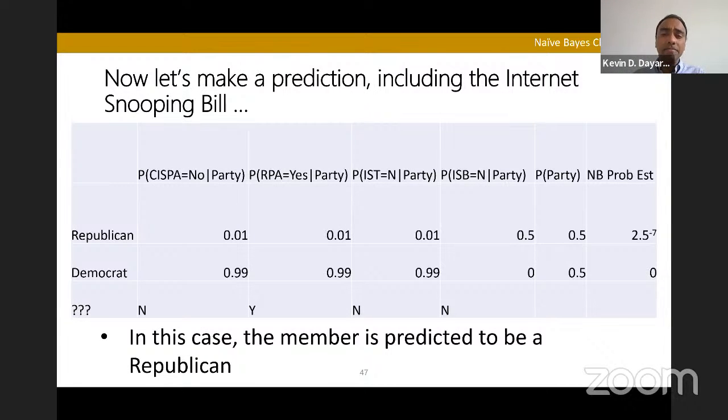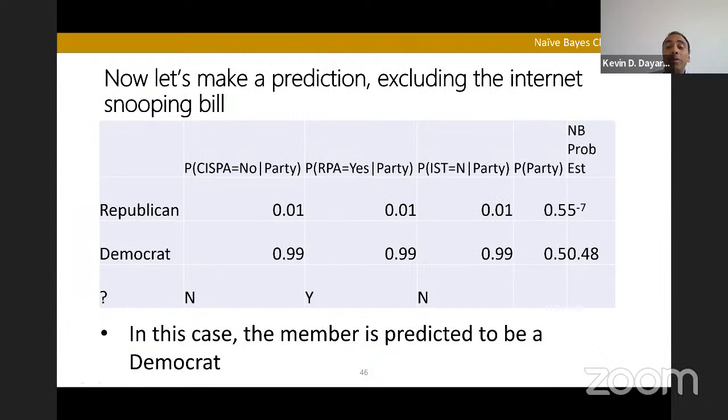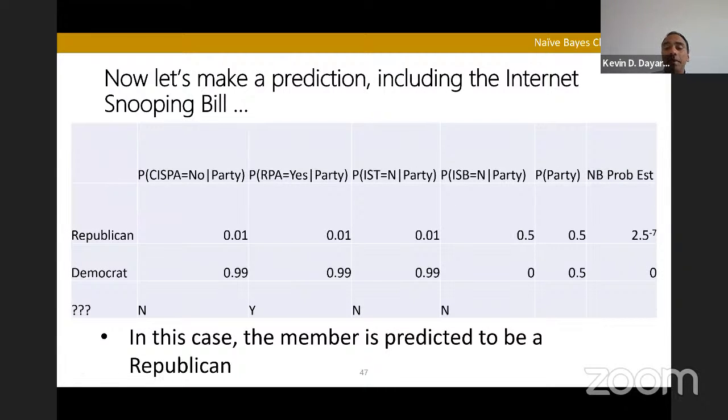You'll notice that in this case, if the person voted no on it, and you want to include that in your naive Bayes modeling, if no Democrats have voted no on it, then you have a 0 probability here. That knocks the previous probability from 0.48 down to 0. So in this case, the Republican wins.